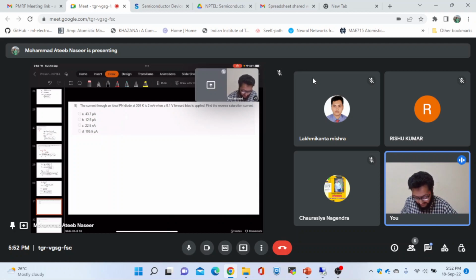So in problem number 9, it states that we have been given an ideal PN junction diode, and this diode is having a current of 2 milliamperes at some temperature which is 300 Kelvin. This is at some condition when the forward bias is of 0.1 volt, and we have been told to find the reverse saturation current.